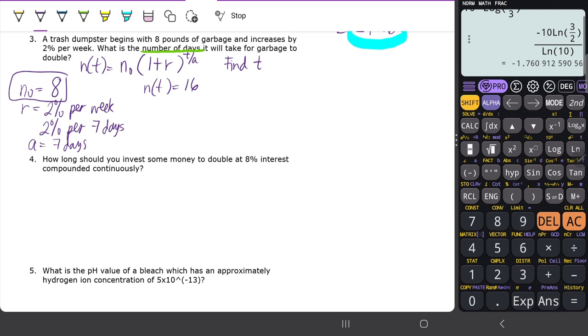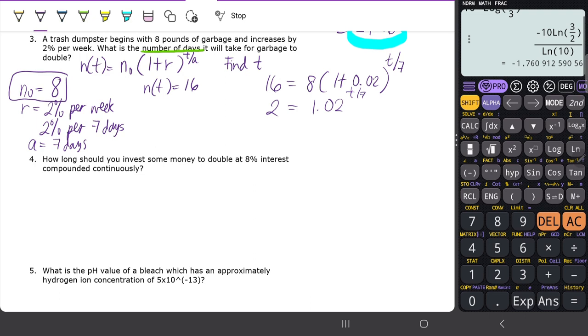Rewriting our equation given these variables, we have 16 equals 8 times 1 plus 0.02 (take note, 2% in decimal is 0.02) raised to T divided by 7. So this is 2 equals 1.02 raised to T over 7.